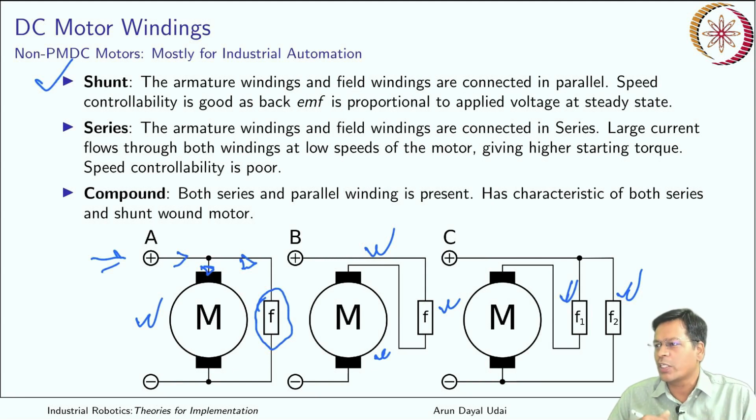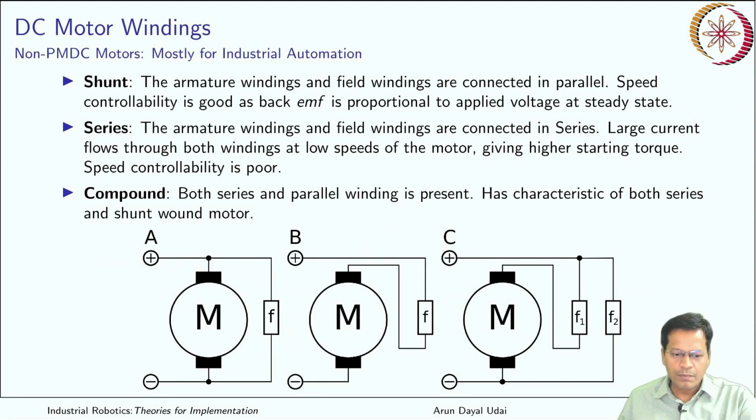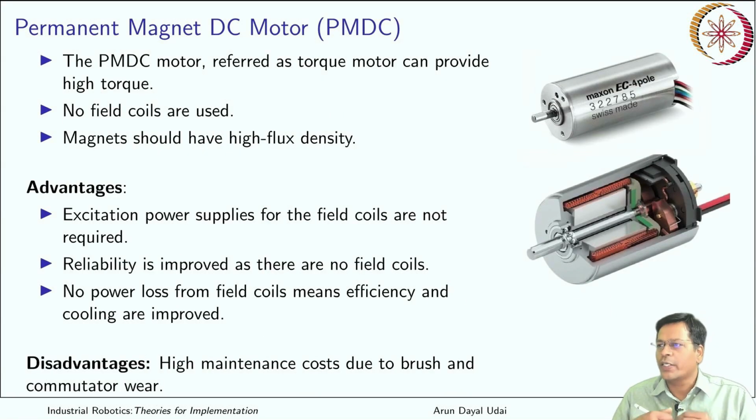These individually may be suitable not just for robots, maybe for other automatic equipment around, maybe for a conveyor, maybe for a rotary table. Now what you saw with the permanent magnet DC motor is referred to as a torque motor because it can provide a very high torque.